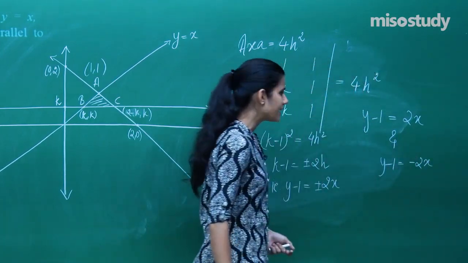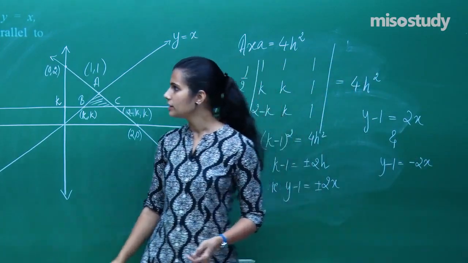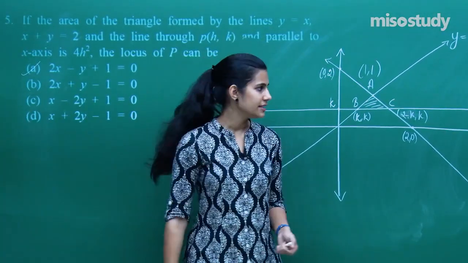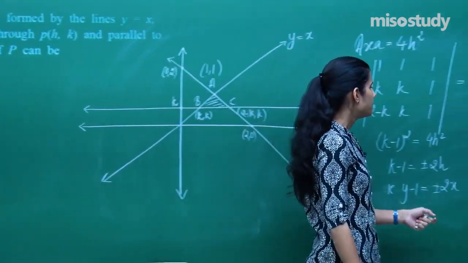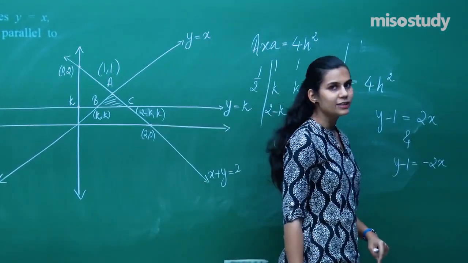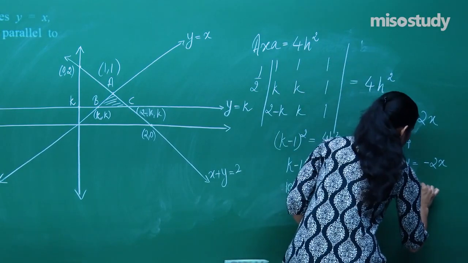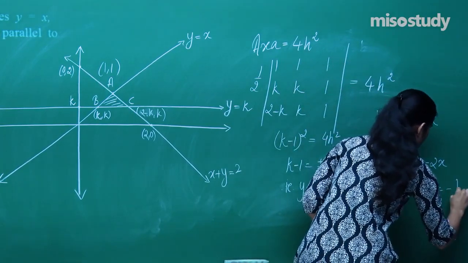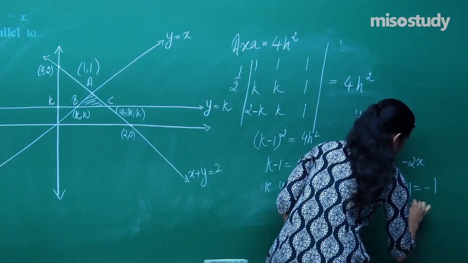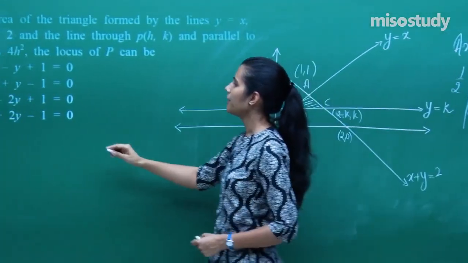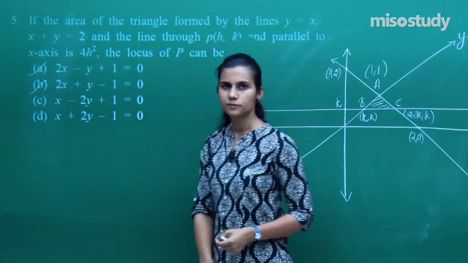So you get 2x minus y plus 1 equals 0, and next you have minus 2x minus y equals minus 1, or I can say 2x plus y equals 1, or 2x plus y minus 1 equals 0.